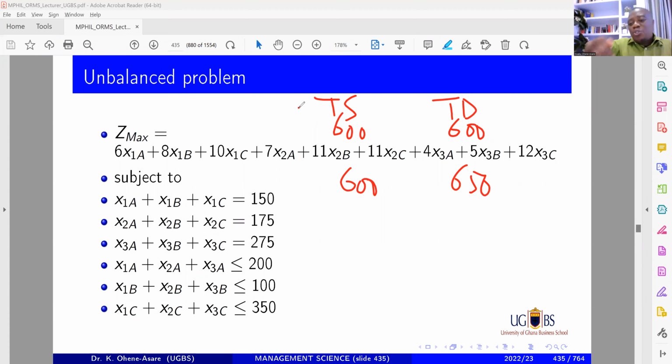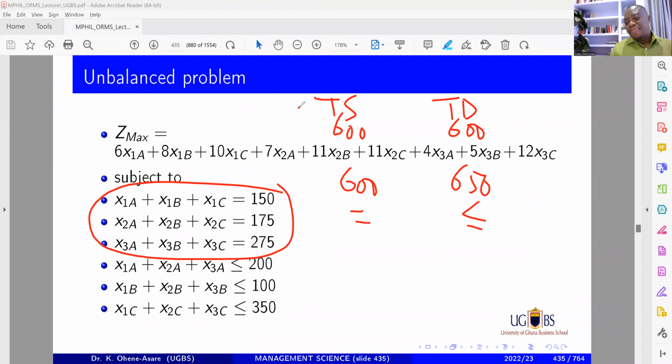The one whose total is more, in this case total demand, will have the less than or equal to symbol, whilst the other maintains the equality. So these ones are the total supply. They will maintain their equality. But this one, the total demand, which was the more, will rather have less than or equal to sign.